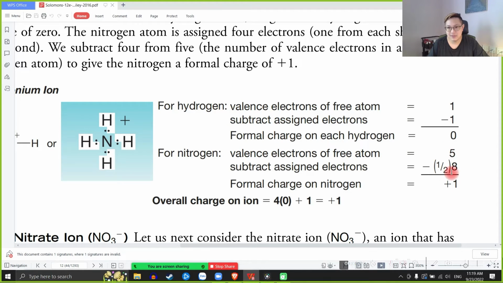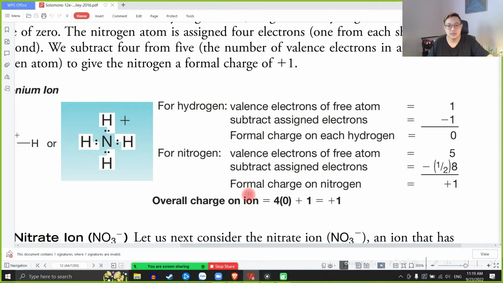So 5 minus 4 is plus 1. So that's why the formal charge on nitrogen is plus 1. And the overall charge on the ion, so for hydrogen it is 4 times 0, plus 1 in here. So the overall charge on the ion is plus 1. That's why we see the plus in here, right?